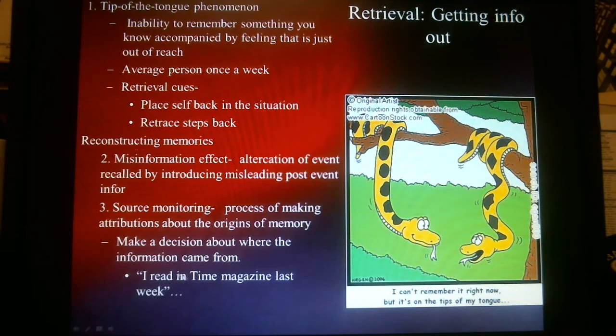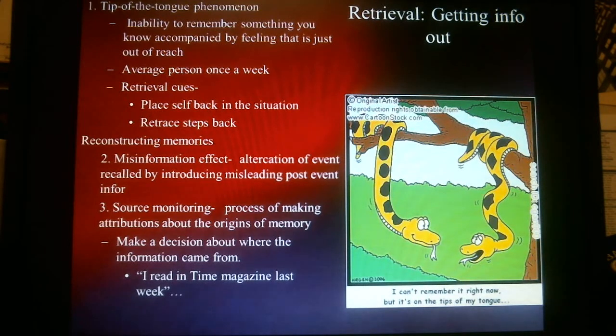A second problem that we get into with retrieval is misinformation effect. Oftentimes, remember, when we're building our memory, when we're recollecting that information in our hippocampal region to rebuild the memory back, our brains are not able to pull back all of the information. So what happens is our brains will ad lib. It will pull other information in that will add to the story or to whatever it is you're trying to bring back into your memory system.